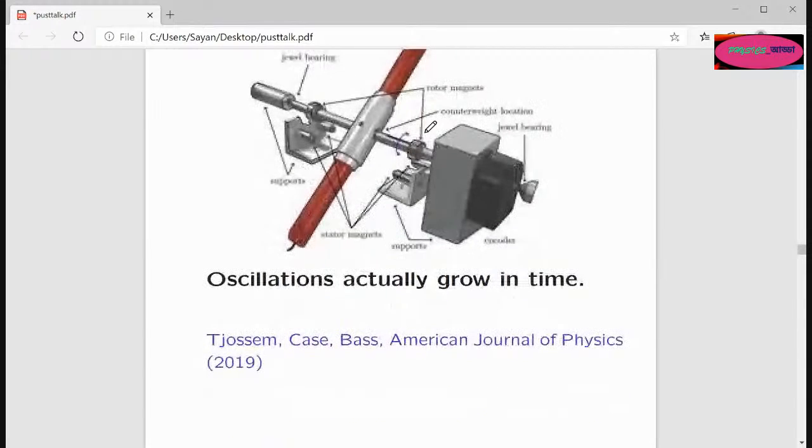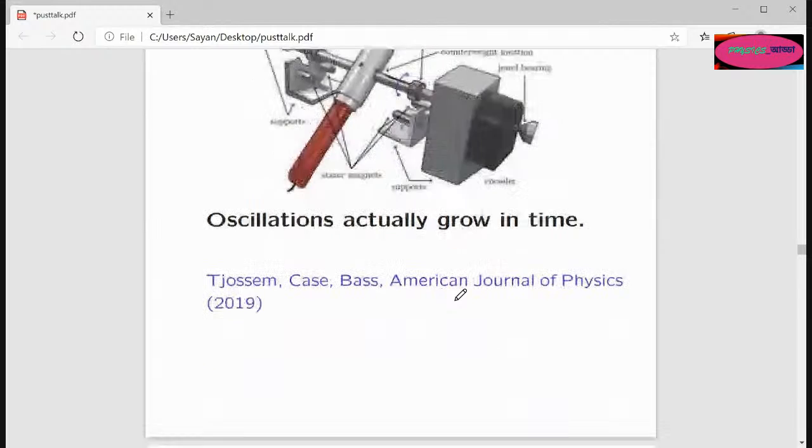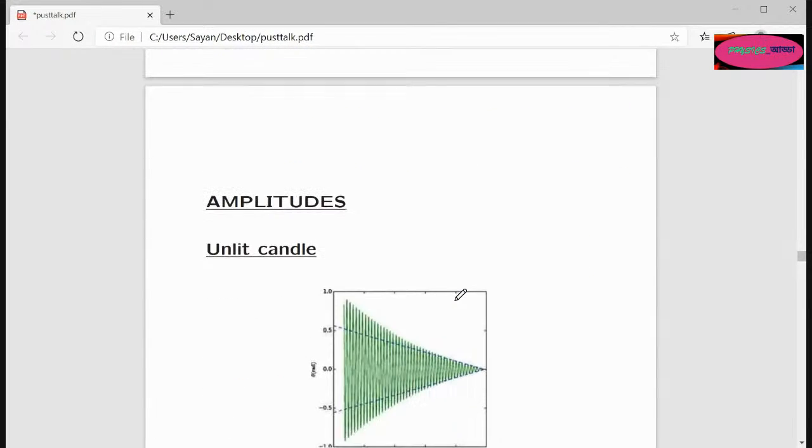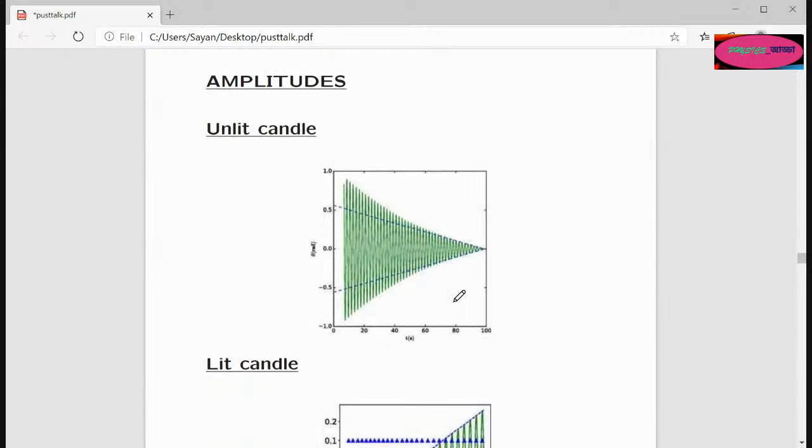And I'll show you a video at the end where you will see that the oscillations actually grow in time. So what happens? Suppose you have an unlit candle and you get it started. Obviously, it will oscillate, but the oscillations will gradually die down, which is what you see over here in this case.